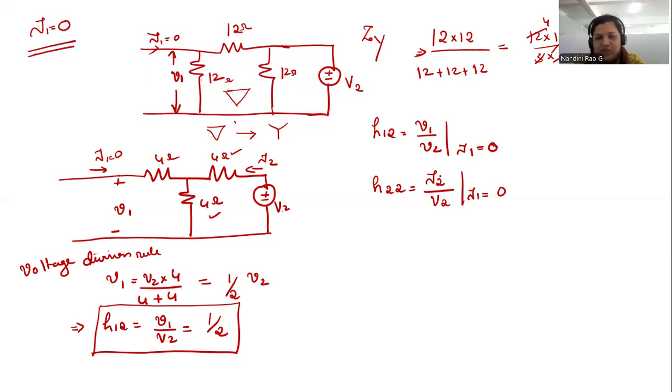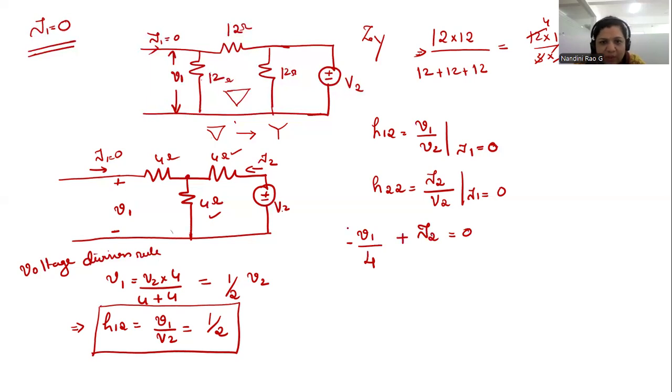V2 and I2 relationship. So it's easy, correct? So I have V2 here and I2. What you can do, you can even use nodal analysis here. So if I take the voltage at this point, what is the voltage at this point? Voltage at this point is V1 by 4. Okay. So V1 by 4 plus I2 is equal to 0, correct?